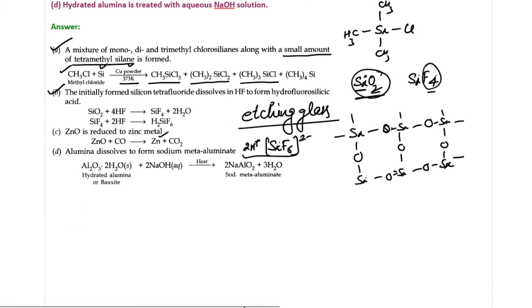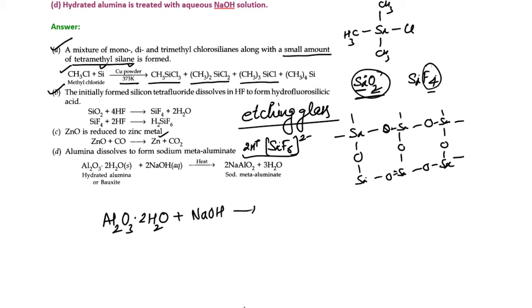Now, aluminium dissolves to form sodium meta-aluminate, because when we have alumina, meaning hydrated aluminium oxide, and it is dissolved in sodium hydroxide, we get sodium meta-aluminate, NaAlO2, along with 3H2.